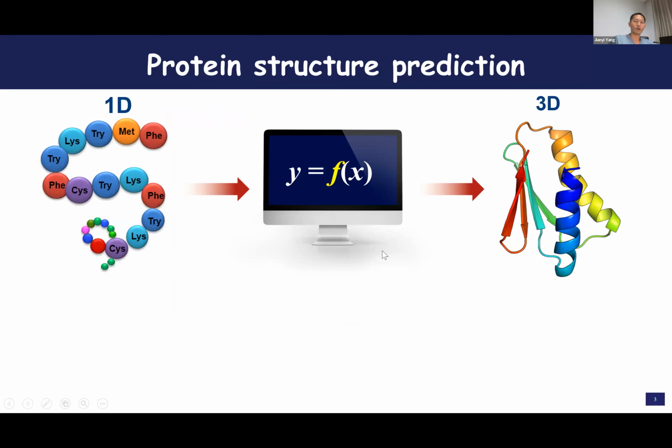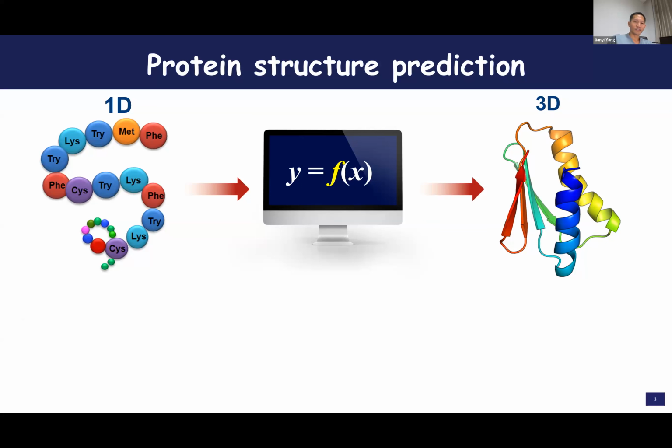For this popular problem of protein structure prediction, the task is to find a function y equals f(x) to map the sequence x into the 3D structure y. Everybody knows this is a very difficult problem, a grand challenge.